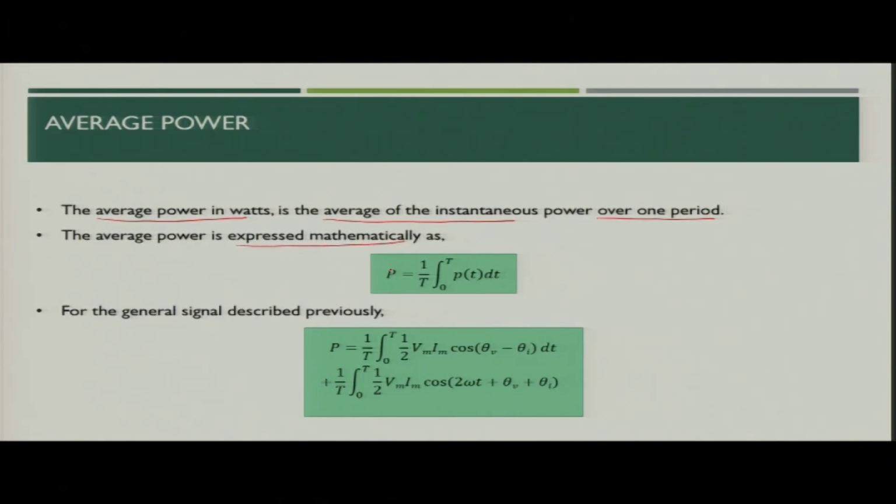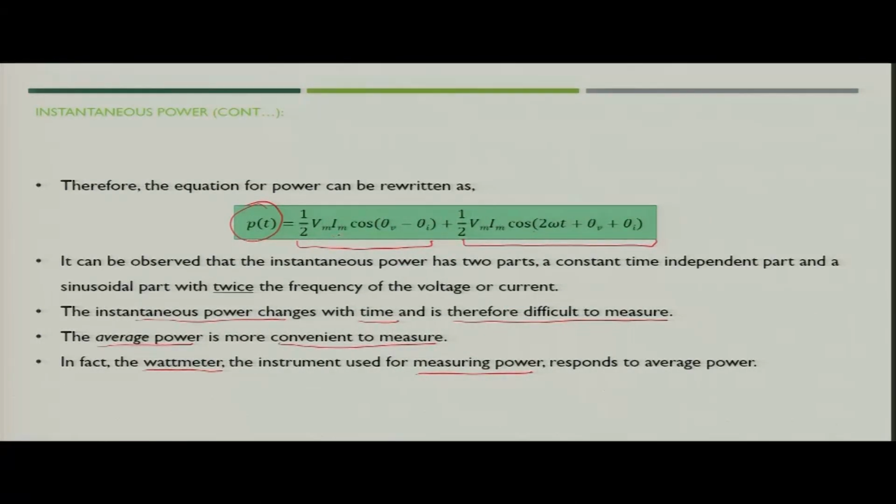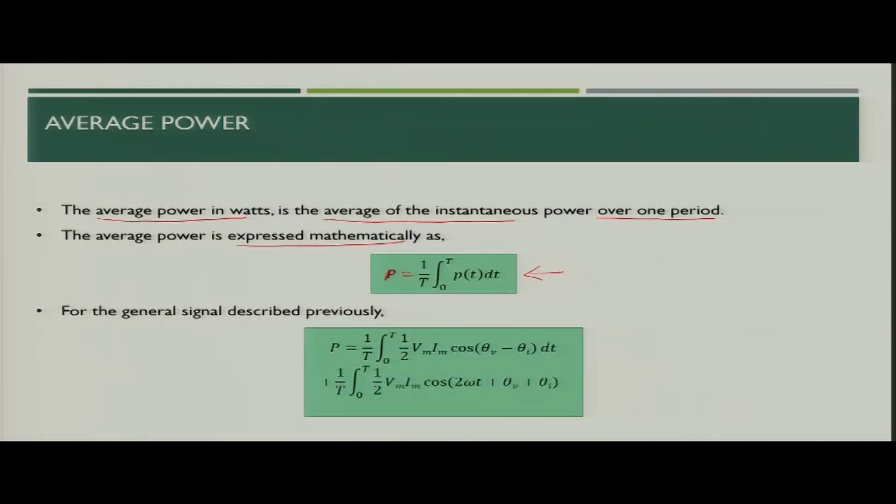You will say that the average power P is nothing but 1 upon T integral between 0 to T of p(t) dt, meaning that you are taking the average of instantaneous power over one particular time period. What we derived previously is that the instantaneous power is one constant term plus one sinusoidally varying term.